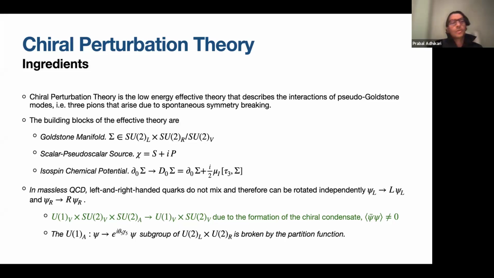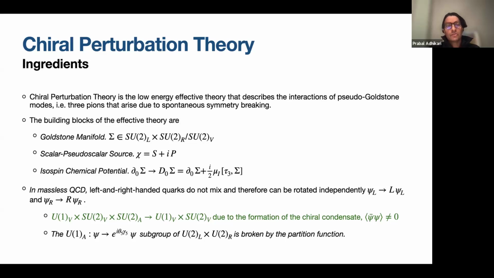I showed you last time that the key building blocks at finite isospin are the Goldstone manifold, which is where the pions live, and then there is a scalar source, which is how quark masses enter the theory. And then if one wishes to, for instance, examine what the pion condensate is doing in the superfluid phase, one requires a pseudoscalar source. And then the isospin chemical potential itself enters through the 0th component of the covariant derivative.